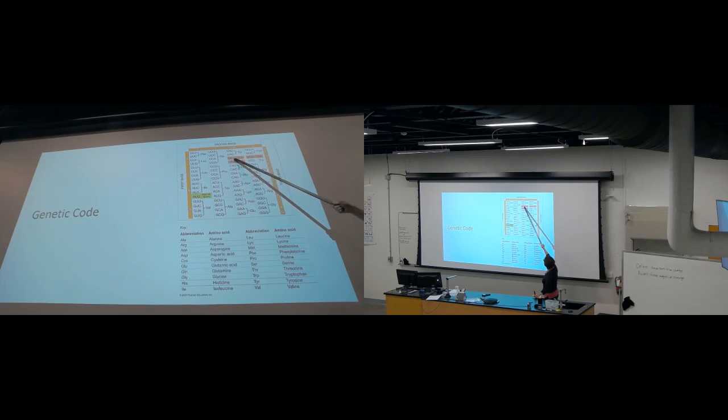UAA is a stop codon, UAG is a stop codon, and UGA is a stop codon. Now, let's say that one of the amino acids in the middle of your transcript has this code, UAC, that is supposed to be tyrosine.